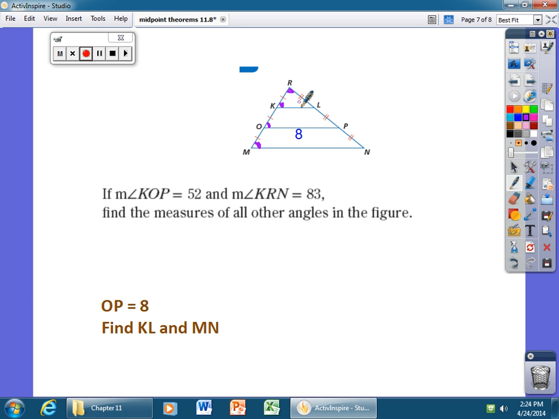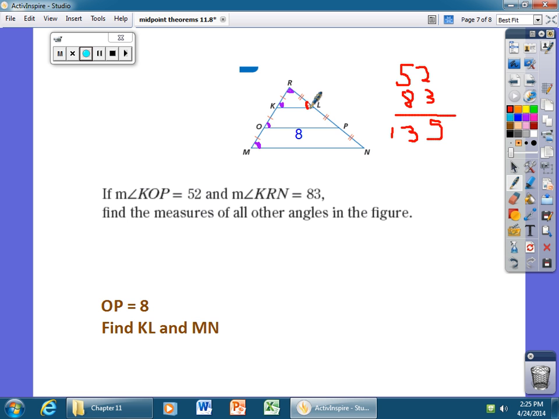Now, if I know that all of these are 52 degrees, and I know that this one at the top is 83, I can find out what this one is by adding 52 and 83, and then subtracting that from 180. So if I subtract that from 180, it's going to be 45 degrees.